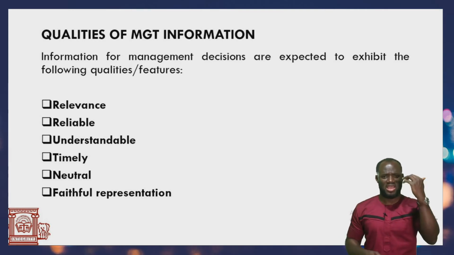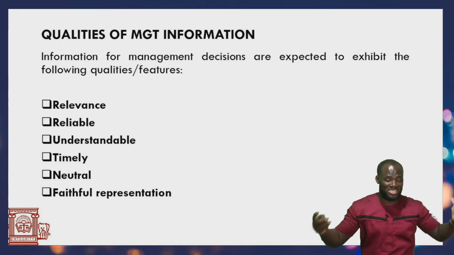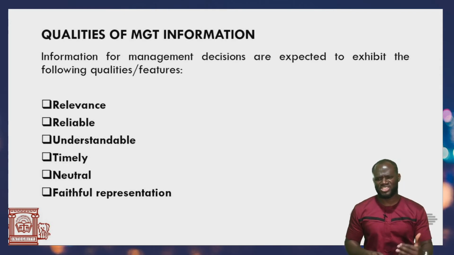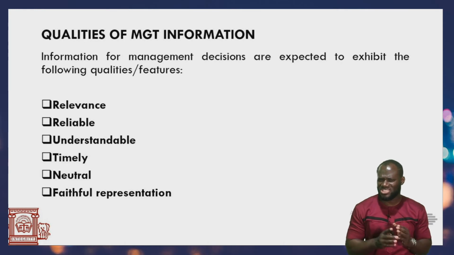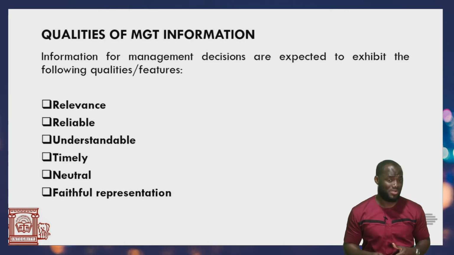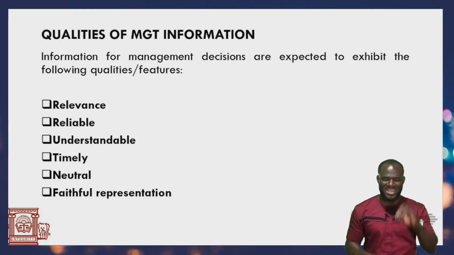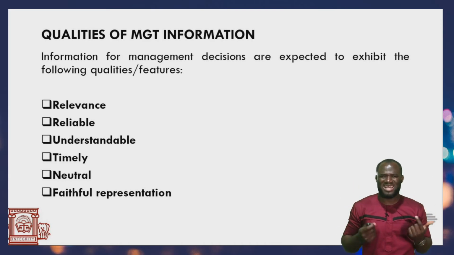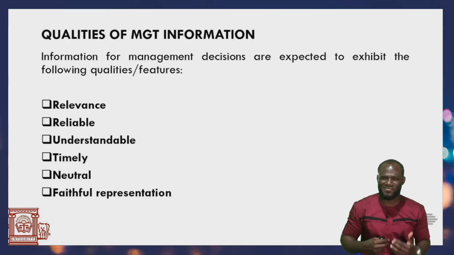So management accounting information would usually have to exhibit the feature of relevance. The term relevant means that if the information you're giving to management, or whoever you're communicating to, cannot influence the person's judgment, then of course that information is regarded as irrelevant. So relevant means that whatever I receive as information must affect my thought, must affect my judgment, must have that kind of significance and influence.